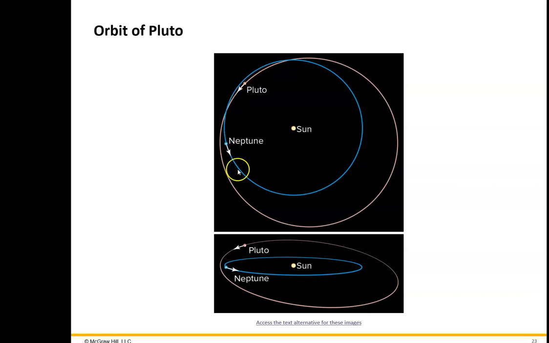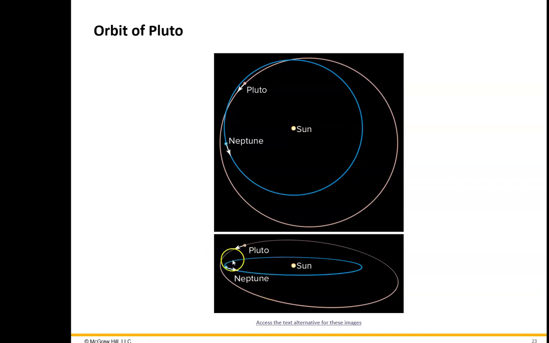The planets for the most part have elliptical orbits, but only slightly elliptical. Pluto's is very eccentric, extremely eccentric.